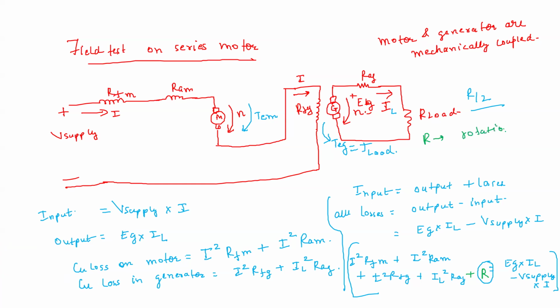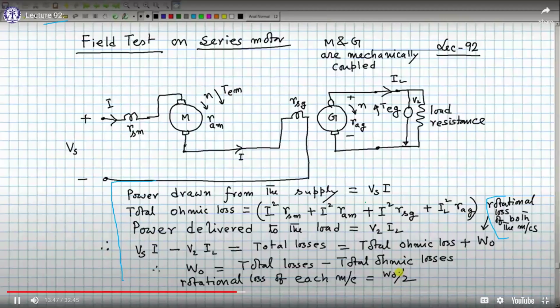That is how the rotational loss of both the machines was obtained, and then half of the rotational loss is assigned to each of the machines. So here also R by 2, or W naught by 2, is the rotational loss of an individual machine.